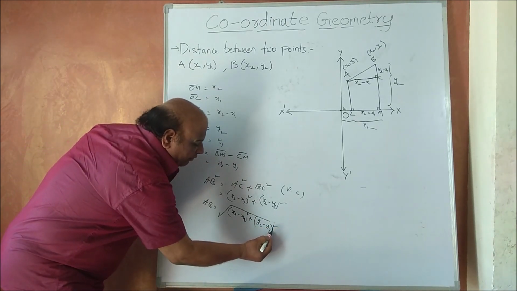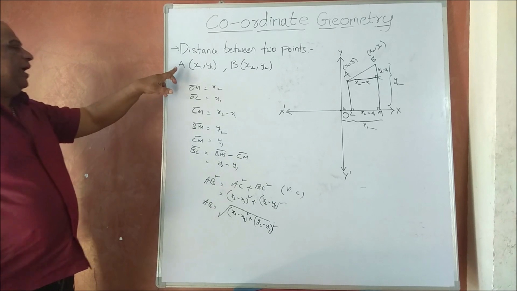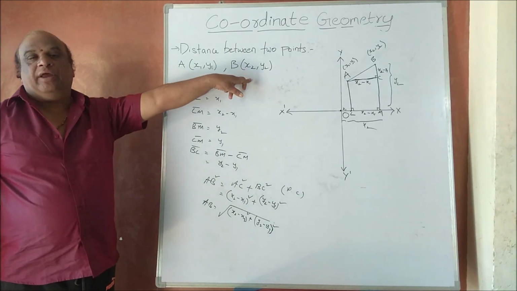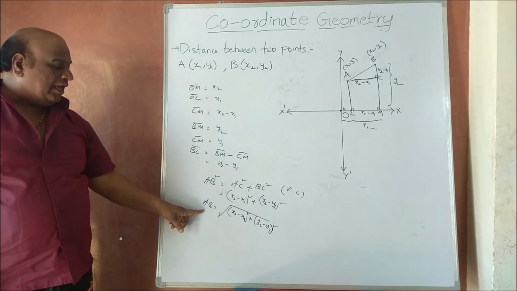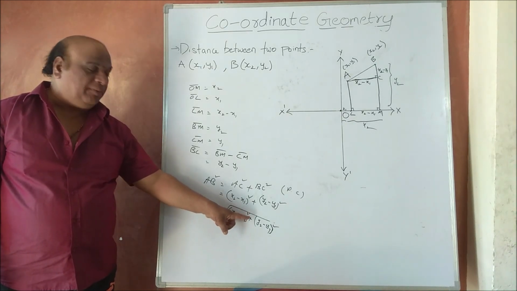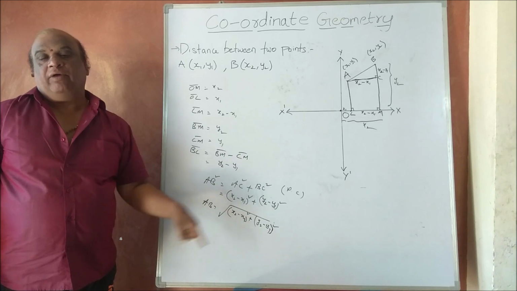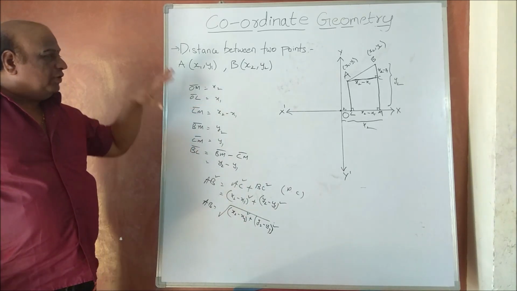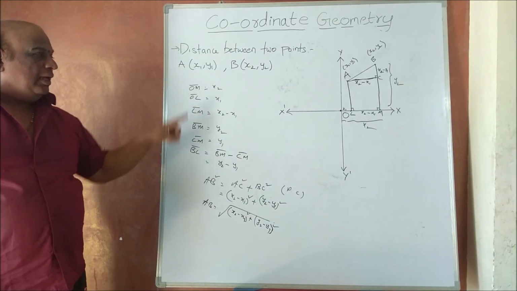So the distance between 2 points A(x1, y1), B(x2, y2), AB is equal to root of x2 minus x1 whole square plus y2 minus y1 whole square. Like this, we can derive the formula.